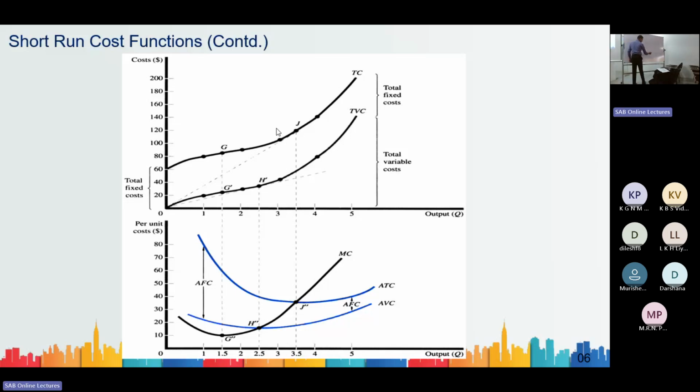When producing, let's say, 1,000 units of output, still the total fixed cost is the same. It's 10,000 rupees. So in our simplified model, total fixed cost is for capital.